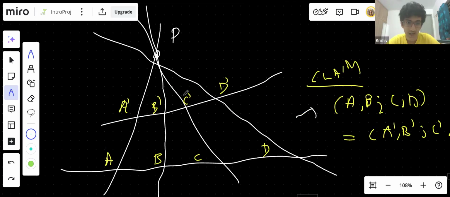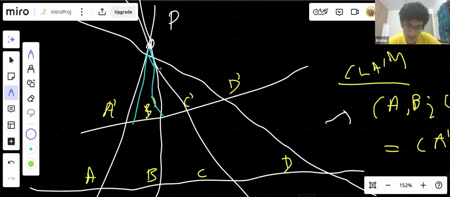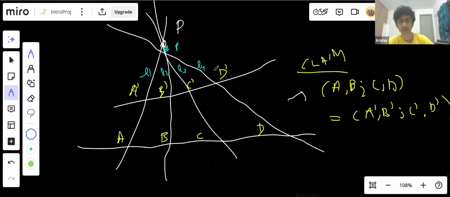So that means there is an inherent property of these four lines, if I call them L1, L2, L3, L4, that intersect at P, that somehow magically keeps these things equal.